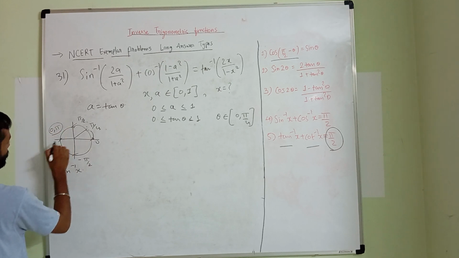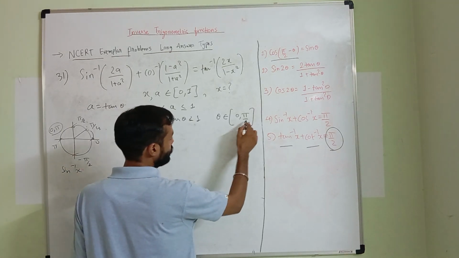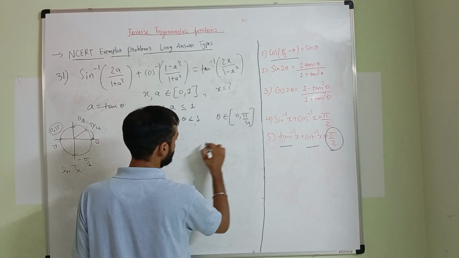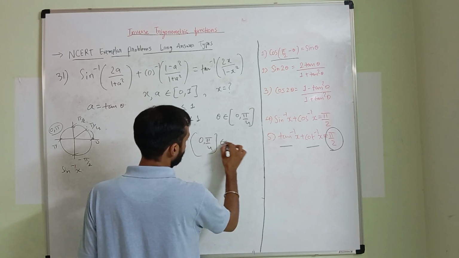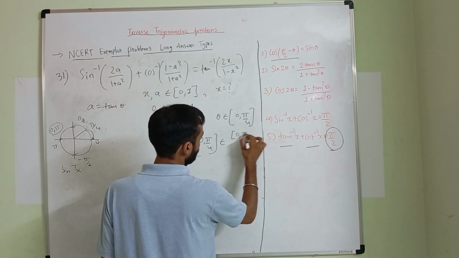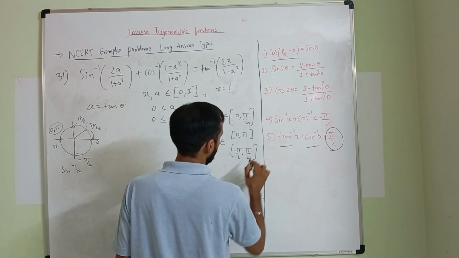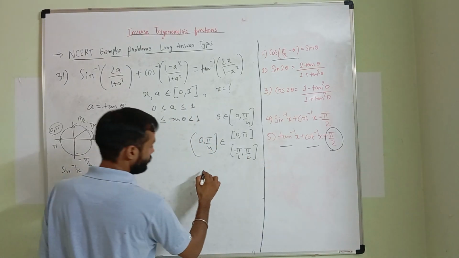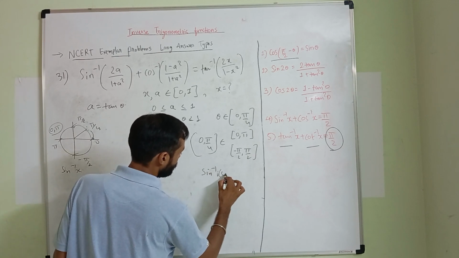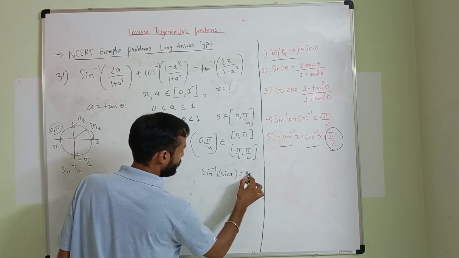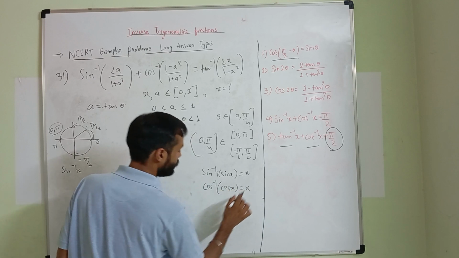So this theta from 0 to pi by 4 is a subset, it belongs to 0 to pi as well as minus pi by 2 to pi by 2. Hence in this condition, sine inverse of sin x, we can write as x, as well as cos inverse of cos x is equal to x.